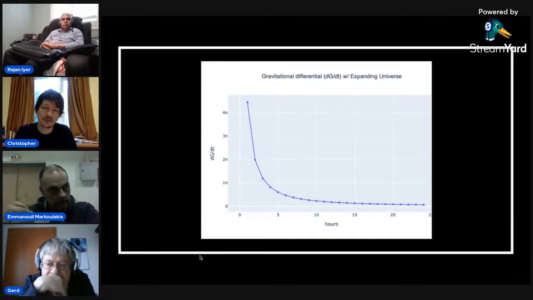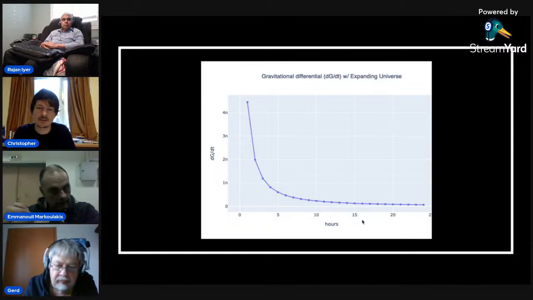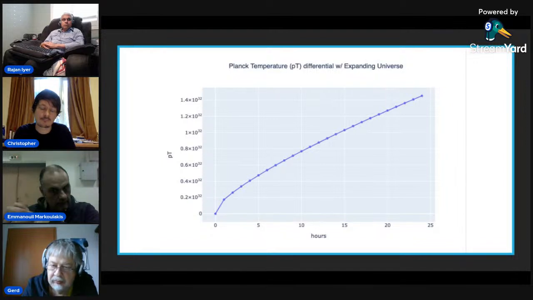And if we were to plot that over the expansion of the universe, we see that the gravitational force would essentially go to infinity at the very beginning, but that's just because we're at 0 volume size, and then it drops in this kind of way. So the changing gravitational force would have effects on the other constants.